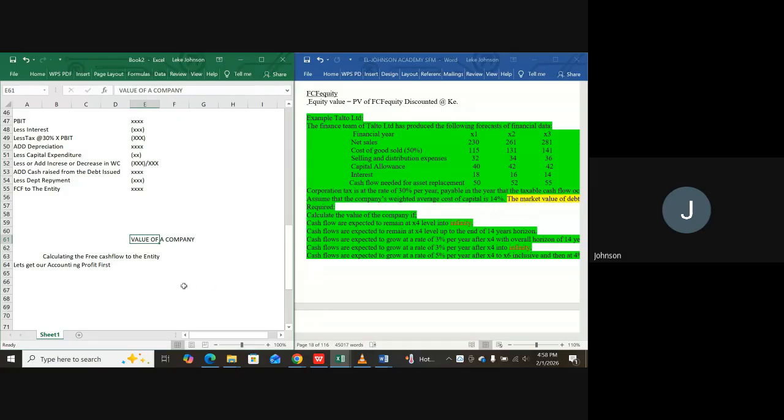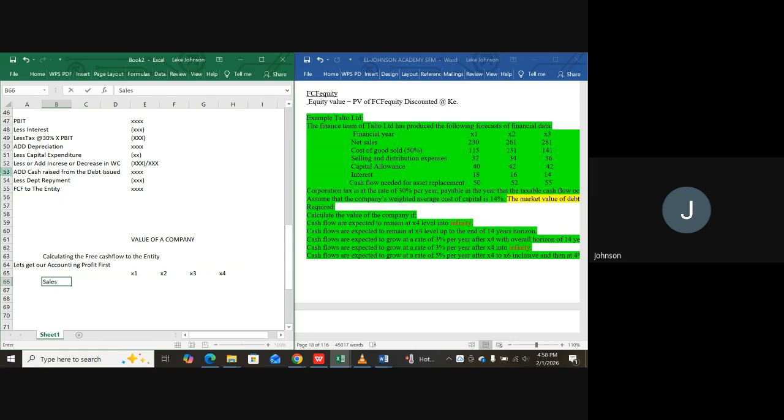We have 4 years that we're looking at. So let's have the years: year X1, year X2, year X3, then year X4. To get our accounting profit, we need to ask ourselves, what is our sales?